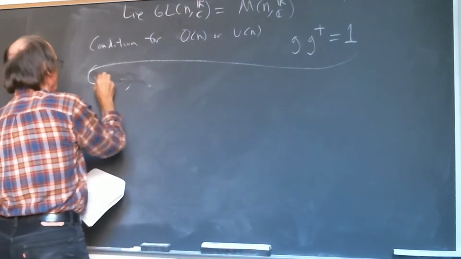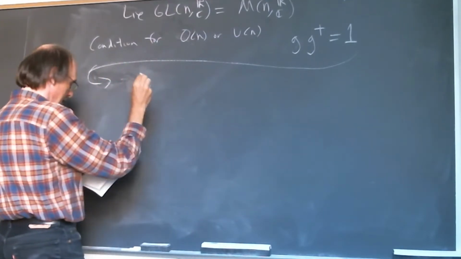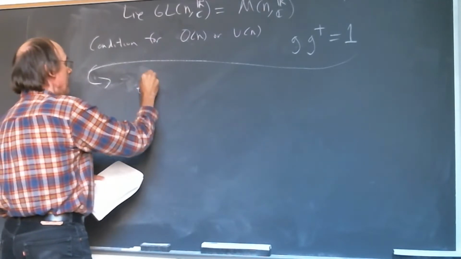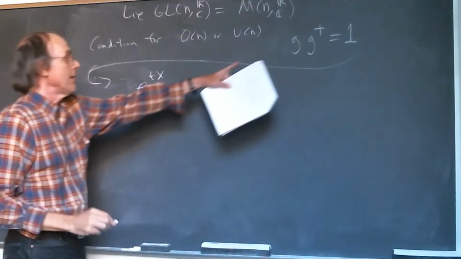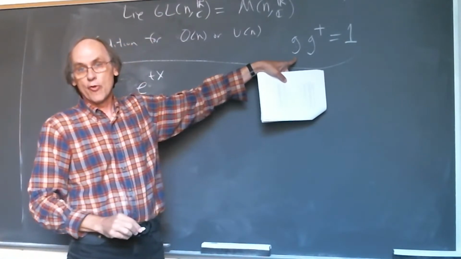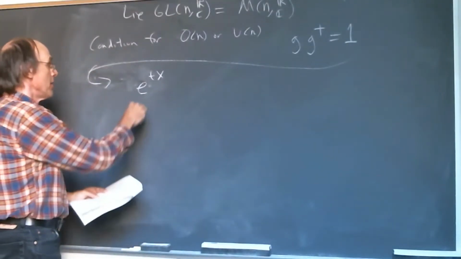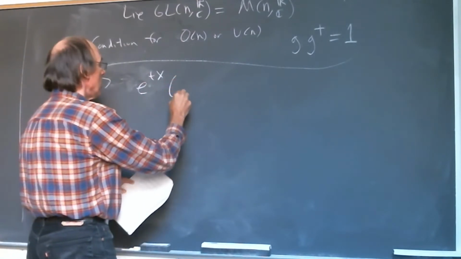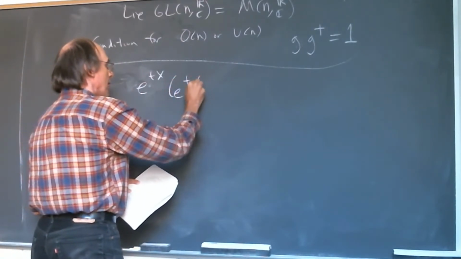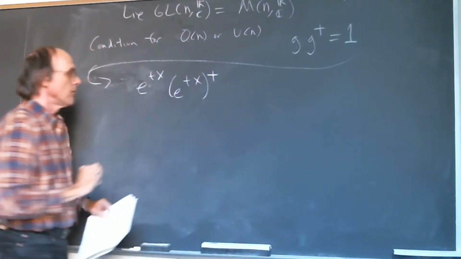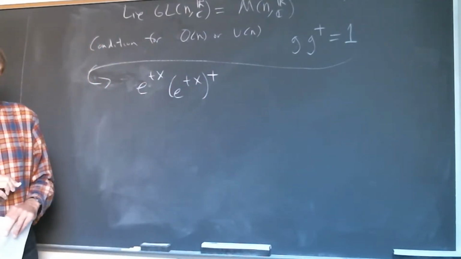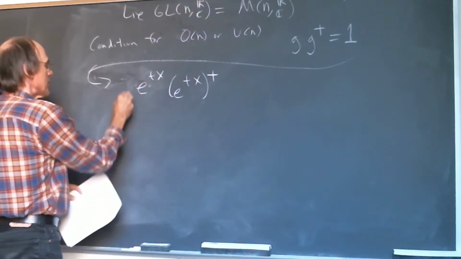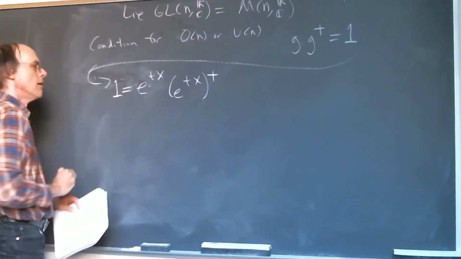if G is of the form e to the tX, then e to the tX times its adjoint is equal to 1.